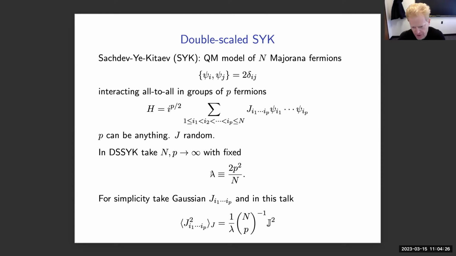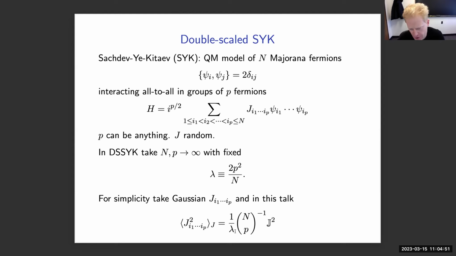For simplicity, let's take the J's, which are random, to be Gaussian with zero average value, and with the variance normalized in this way. The angular bracket sub J just means the average over these couplings J, the disorder average.